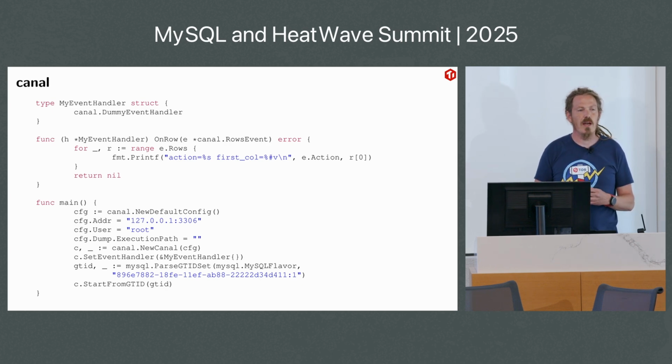Then we define a handler, which has a function that is called for every row. This is the OnRow event, and then it will print out a line with the events. So this will basically do the same as the code that we saw before, but it's just a different API.